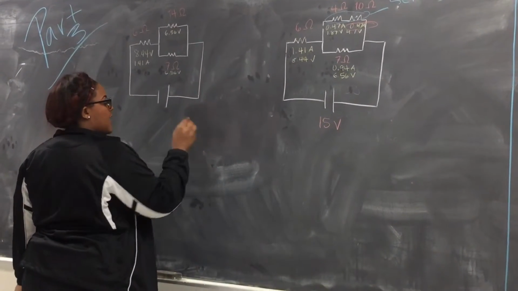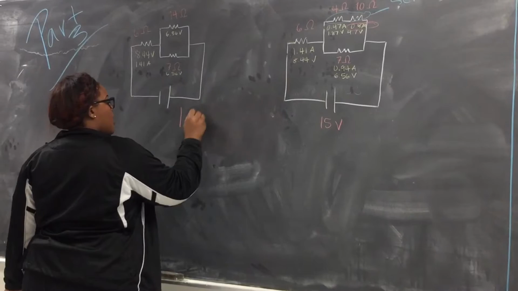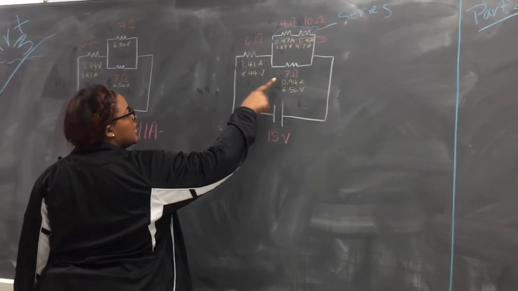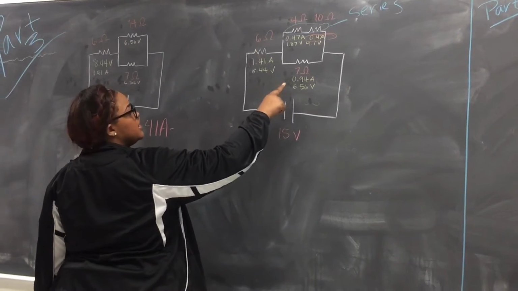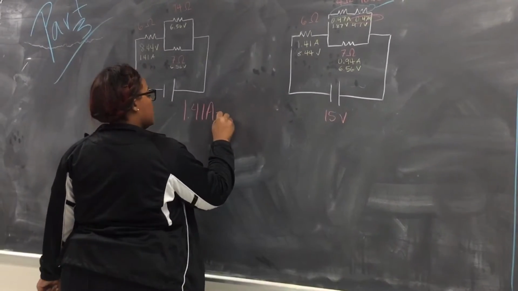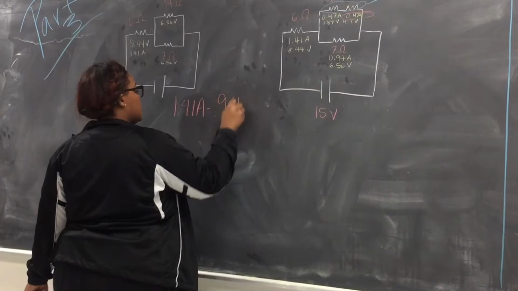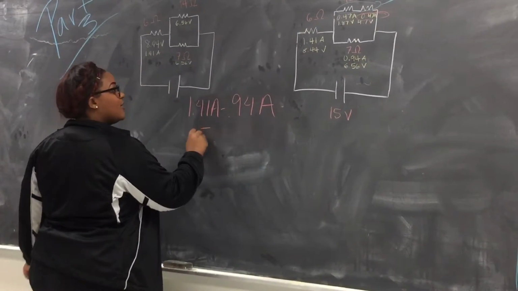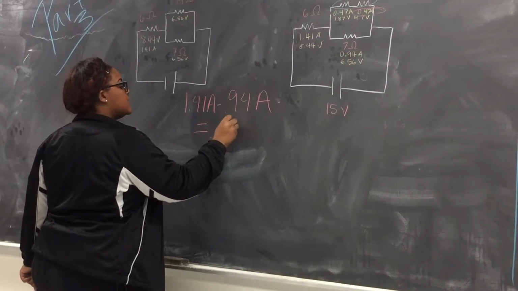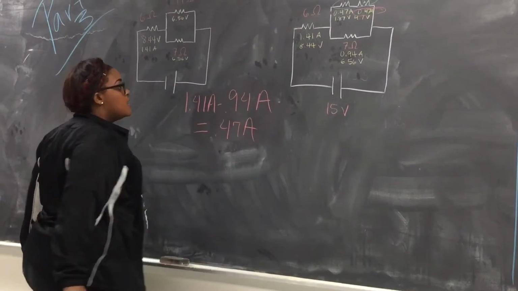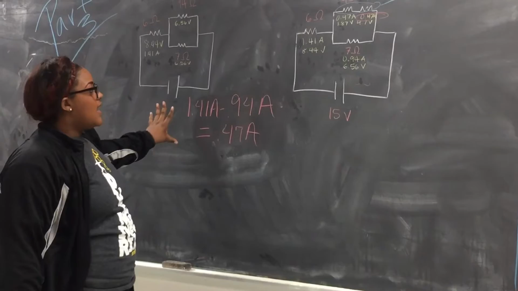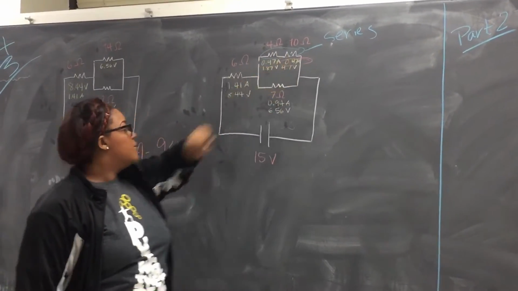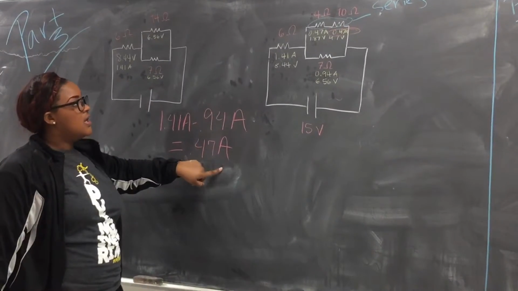So I'm going to take that and subtract the current of the 7 ohms, which is 0.94. And what will that equal? It will equal 0.47 amps. So the current that goes through the 4 ohms and the 10 ohms will be 0.47 amps.